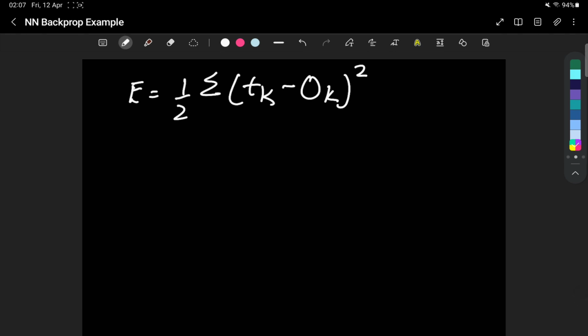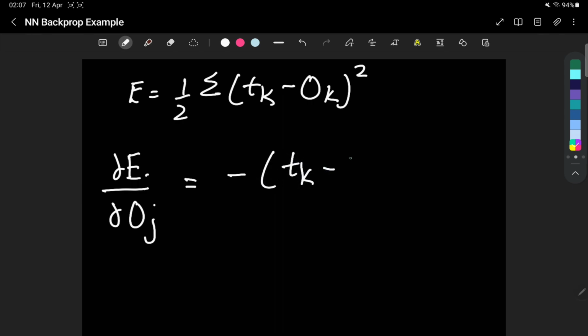So this is my error function. The first derivative that I have to calculate is the partial derivative of E with respect to o_j. If I calculate this, it comes out to be minus (t_k minus o_k).